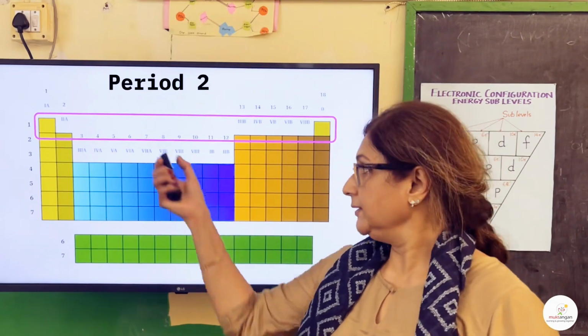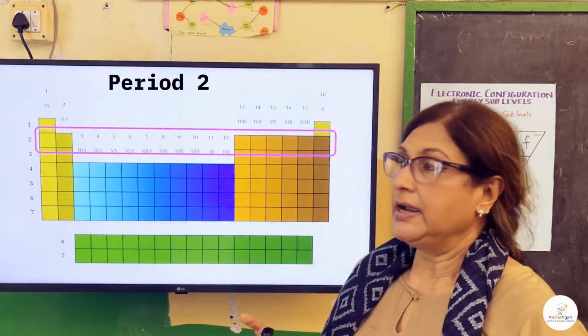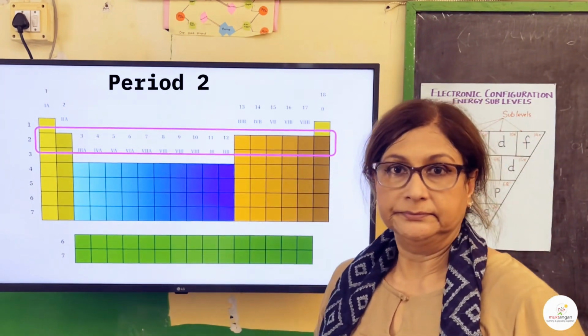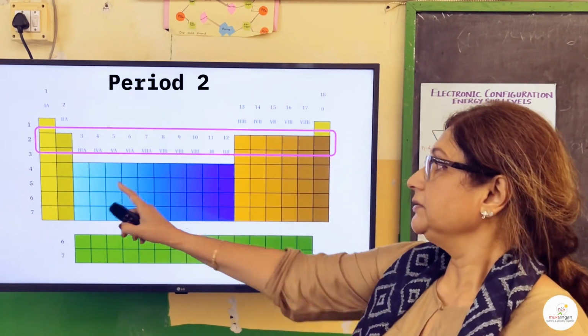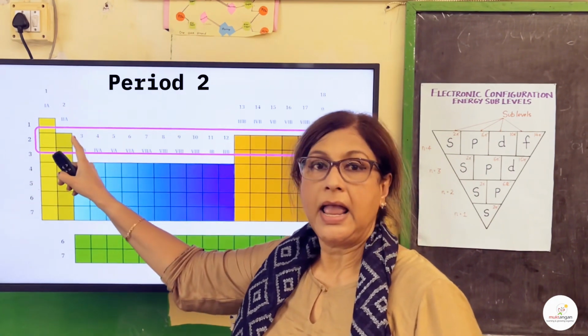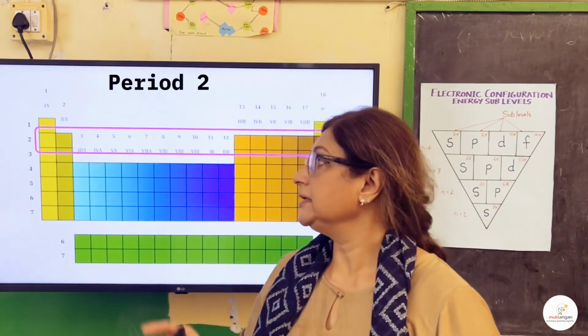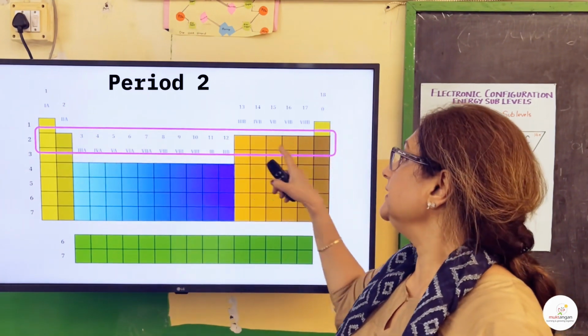Now let's look into period 2. Period 2 has two different blocks. It has the S block and it has the P block. How many electrons can the S block hold? 1 and 2. That is 2 electrons. And after the S block, the next block you see is the P block.